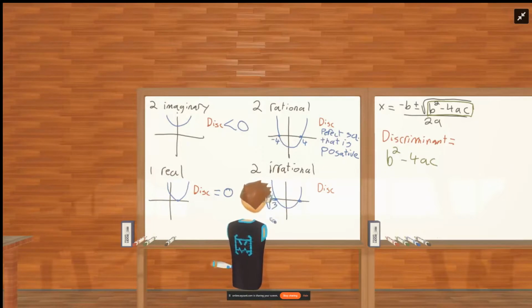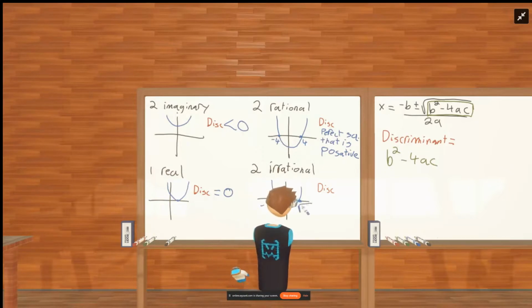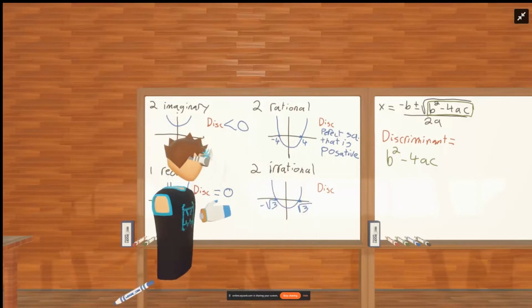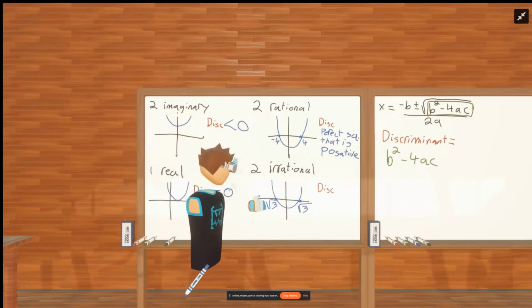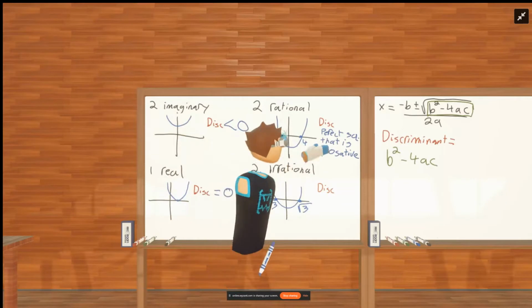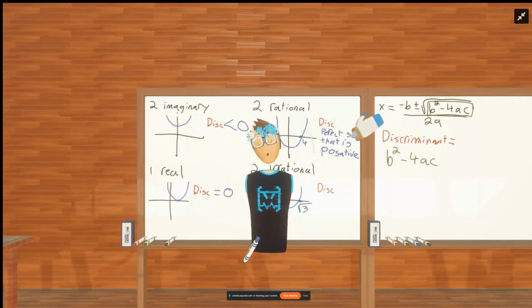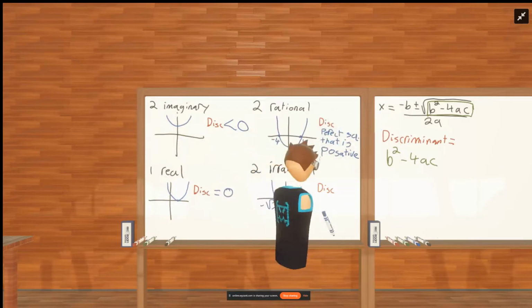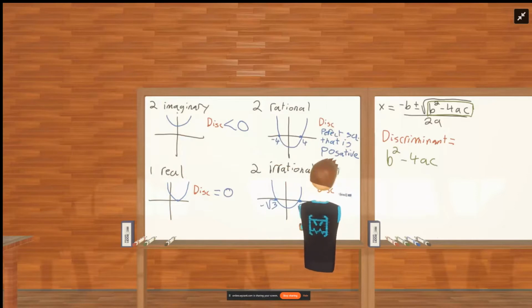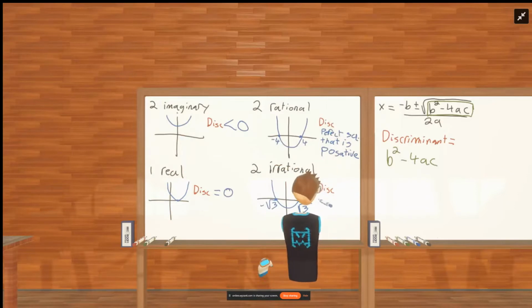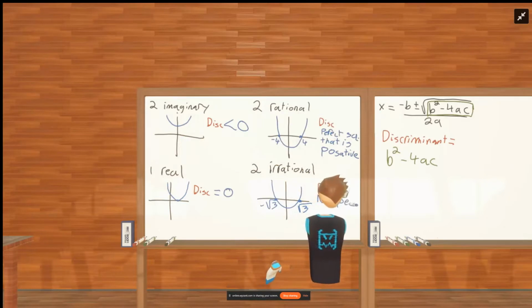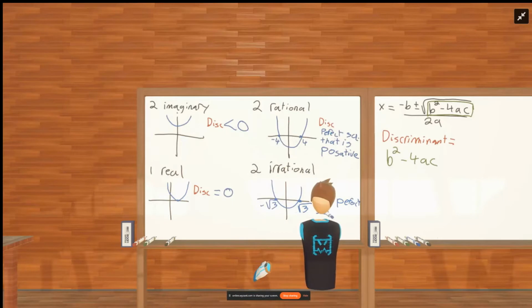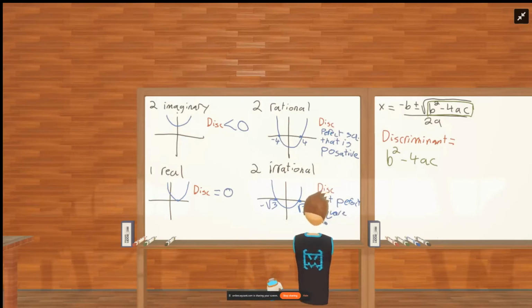So this is maybe negative root 3, and this side is root 3. Well, to get this, your discriminant has to be not a perfect square, and it has to be positive. So similar to up here, it has to be not perfect square, and positive.